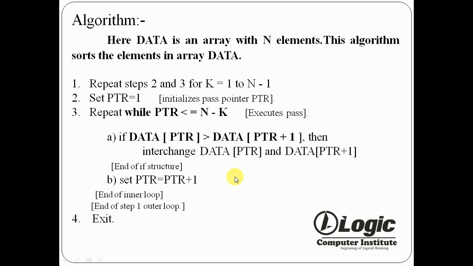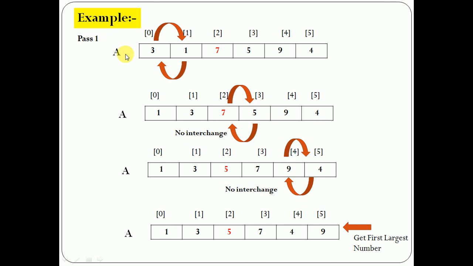So we see the example here. Array A contains 6 elements. In the first pass, we compare A of 0 and A of 1. A of 0 is greater than A of 1, so we interchange the elements. After interchange: 1 3 7 5 9 4.